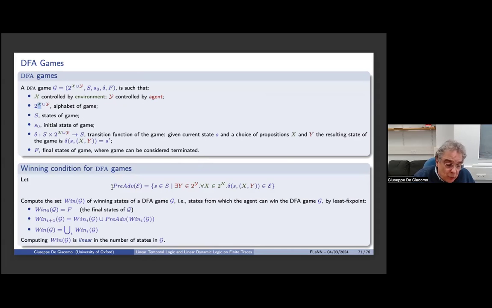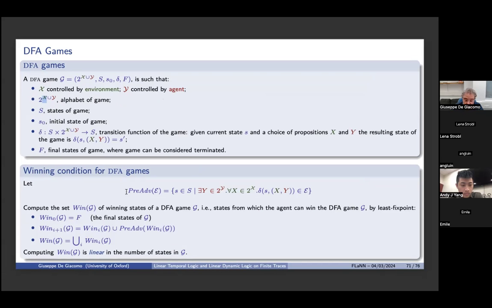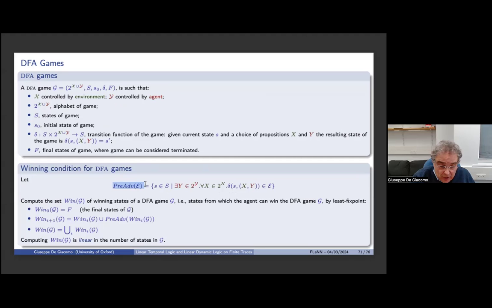When you do the computation in order to win reachability, you use a pre-image computation and then a fixed point computation. The key point is the pre-image, in which you choose the y's such that they must work for whatever choice of the environment, creating a transition over the DFA game that leads you to the desired set of states.